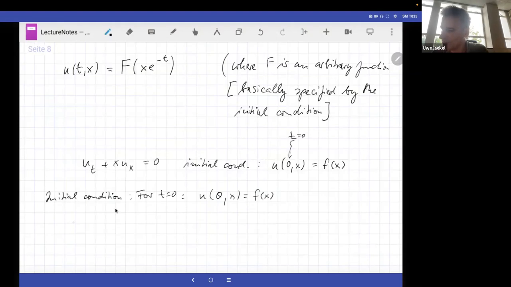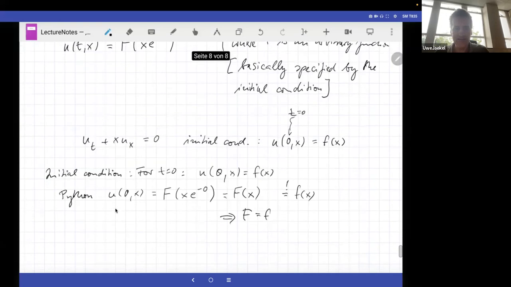And Python says u(0, x) is F of x e to the minus 0, since t equals 0, and this is F of x. And now we want that this is f of x. And this means we can just say f is our capital F.